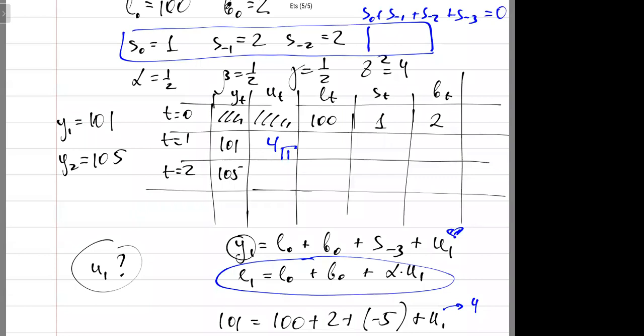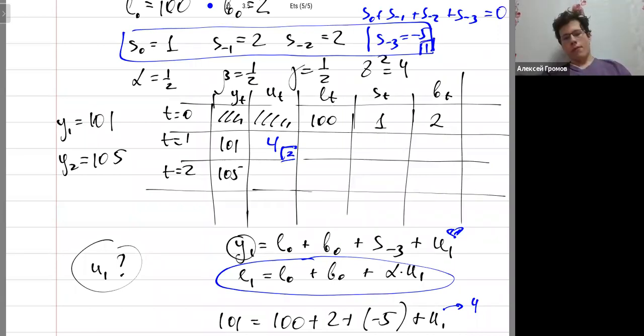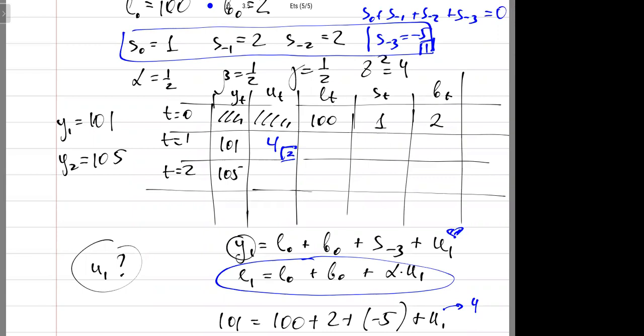So maybe it's second. Yeah, you're right. The first thing we calculate is the missing S. It's minus 5. We first calculate the missing S, then we calculate U1, then we proceed with L1.